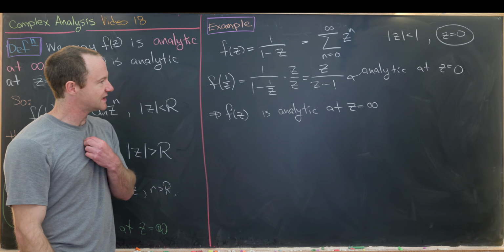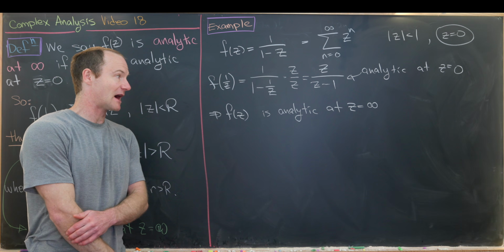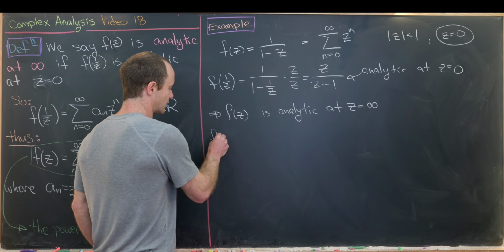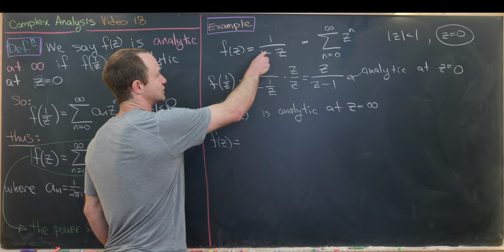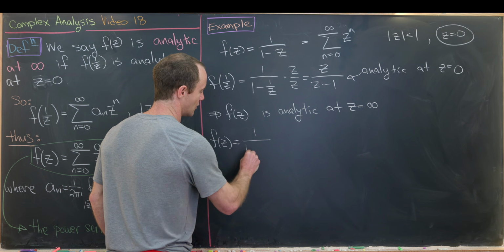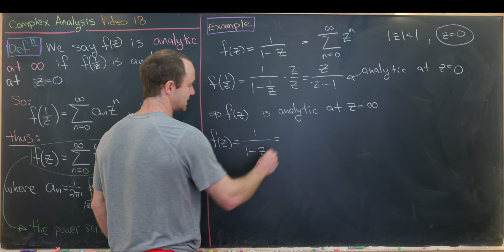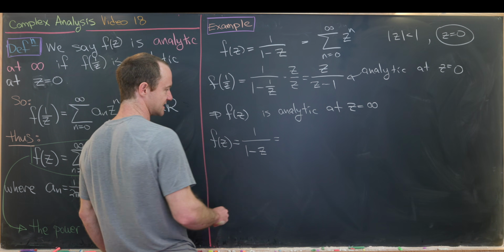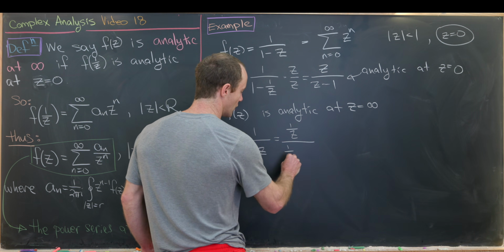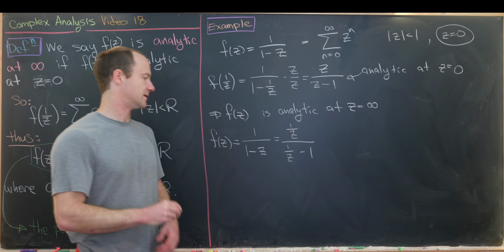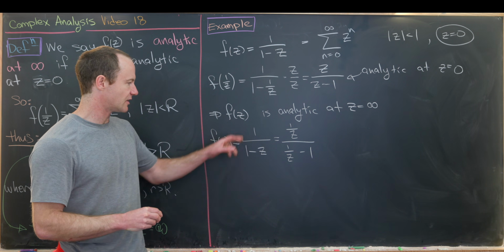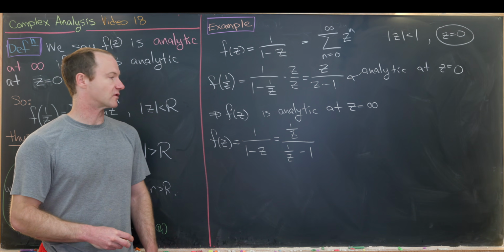And so now let's see if we can expand it about z equals infinity and see what we get. So we can write f of z, which is 1 over 1 minus z, maybe like this. Let's instead write this as 1 over z over 1 over z minus 1. So what did we really do here? We multiplied the numerator and the denominator by 1 over z.